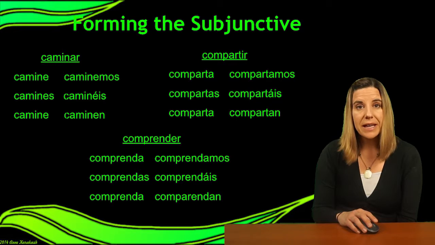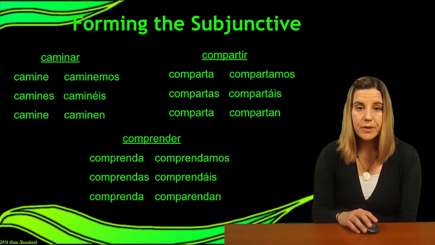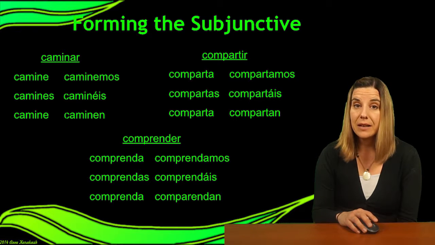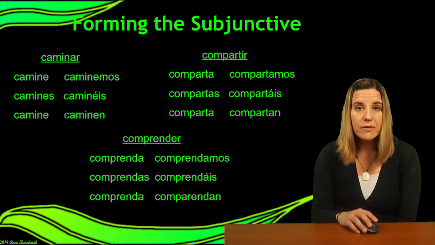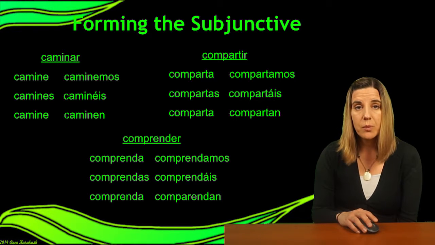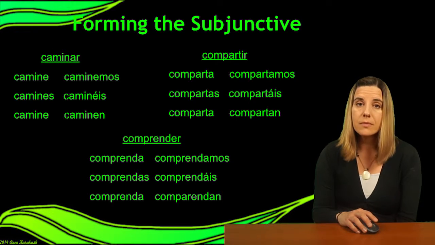So an AR verb like caminar, the yo form is camino, drop the o, and add the endings. You have camine, camines, camine, caminemos, caminéis, caminen. An IR verb like compartir, the yo form would be comparto. Drop the o, compart, and then add the AR endings.